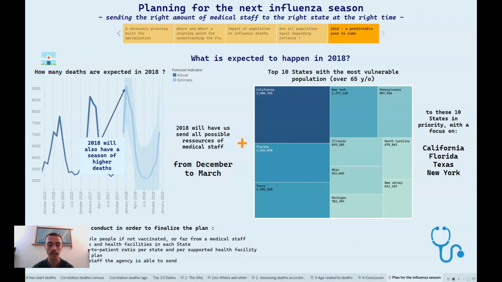Then, a census of all health facilities will allow to decide where exactly each medical staff will be most needed in the light of their staff to patients ratio. And finally, a review of last year's plan in order to see its benefits and shortcomings would be advisable.